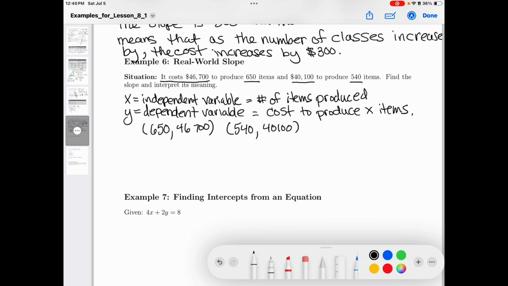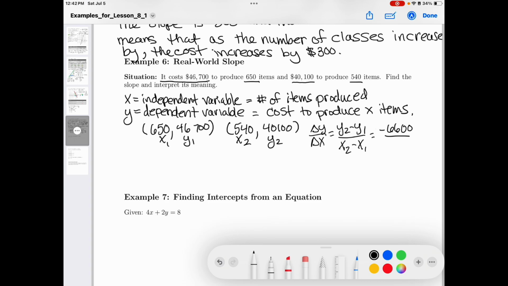Okay, so if I call this X1 and Y1, this is X2 and Y2. So we're going to find the change of Y over the change in X. That's Y2 minus Y1 over X2 minus X1. So if I take Y2 minus Y1, that's going to give me a negative 6,600.